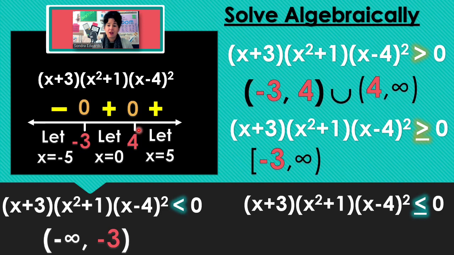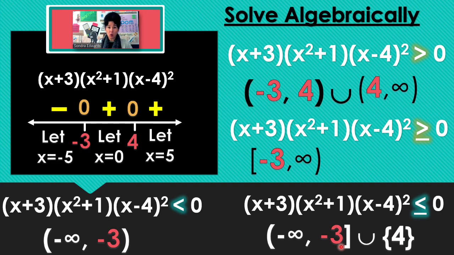And then we also have there at just 4, it equals 0. Before 4 and after 4, no. So the notation for our solutions, negative infinity through negative 3, bracket because negative 3 is being used, union, but just the number 4.